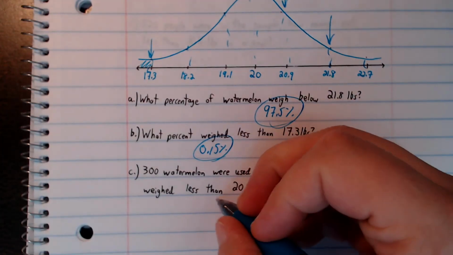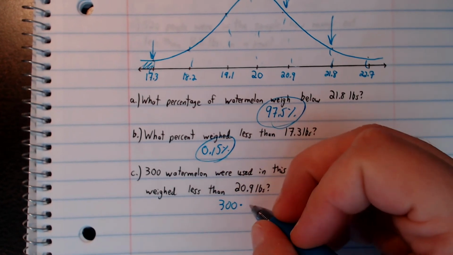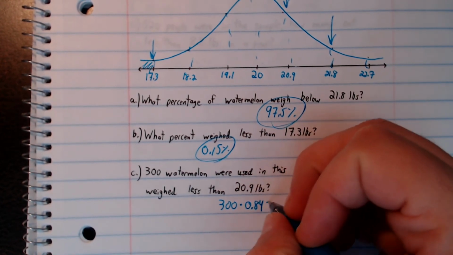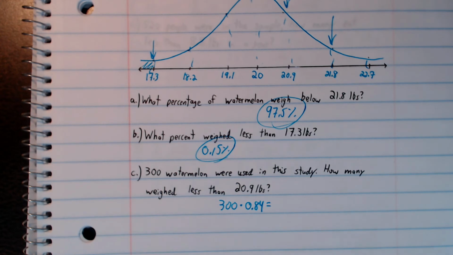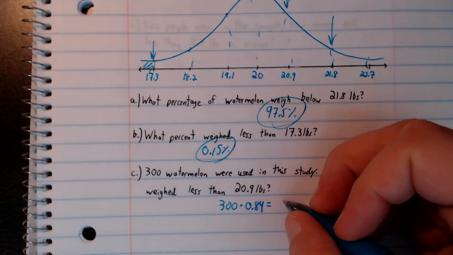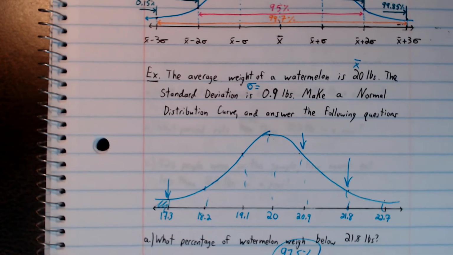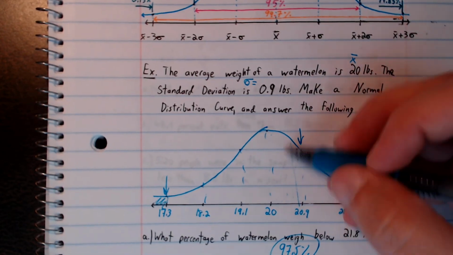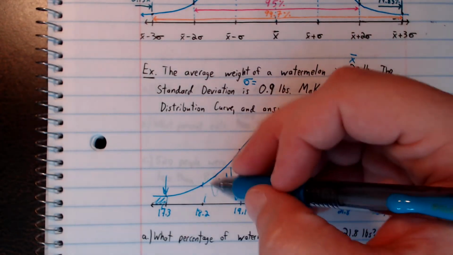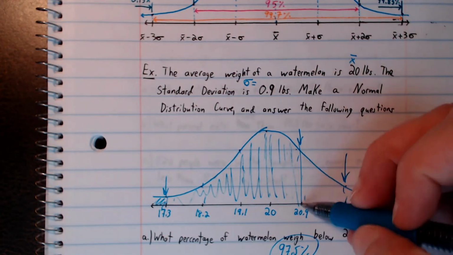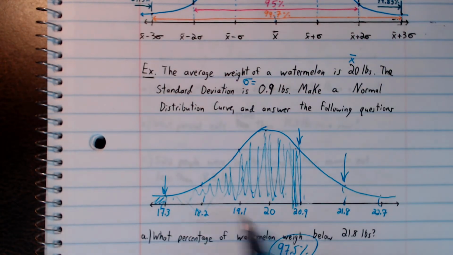So if I take 300 and multiply by 0.84, that'll be the number of watermelons that weighed less than 20.9: 252. So 252 out of 300 fell into this weight range.